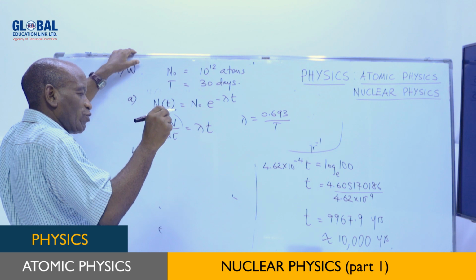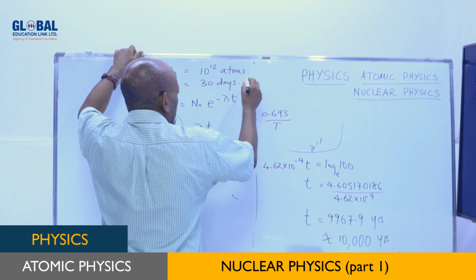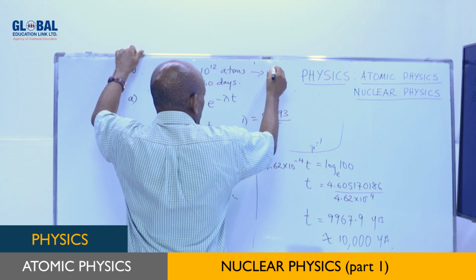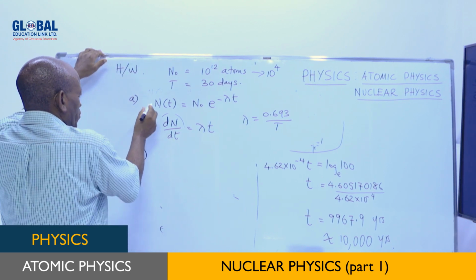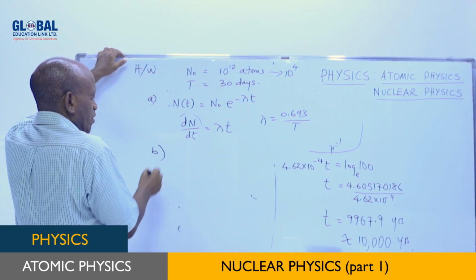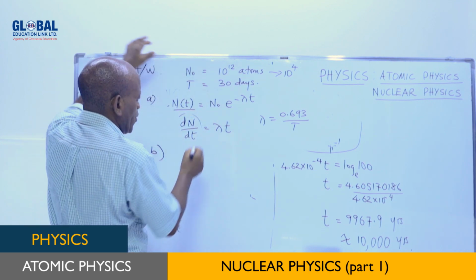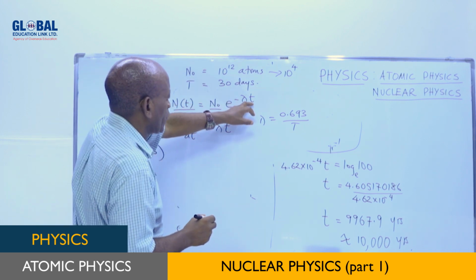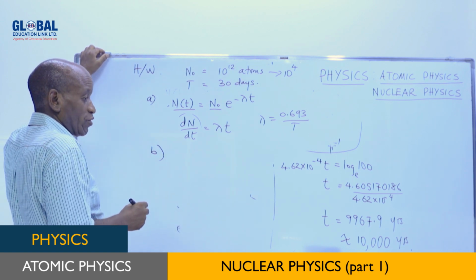Then you need to determine the time after which the number of atoms is reduced to 10 power 4. So you use this particular expression, so that the number of atoms will be 10 power 4, but the original number here is 10 power 12. And therefore you can calculate N(t) there. That is for B. You can see that it is so straightforward.